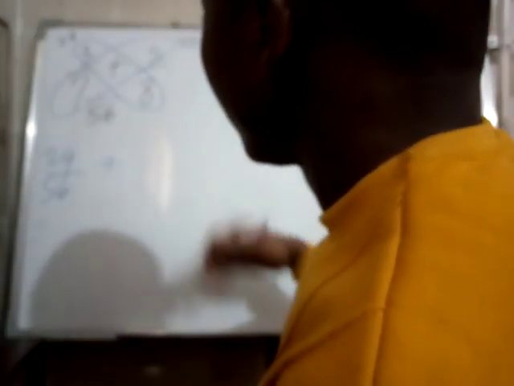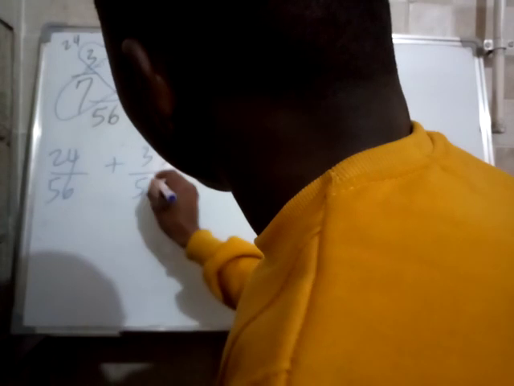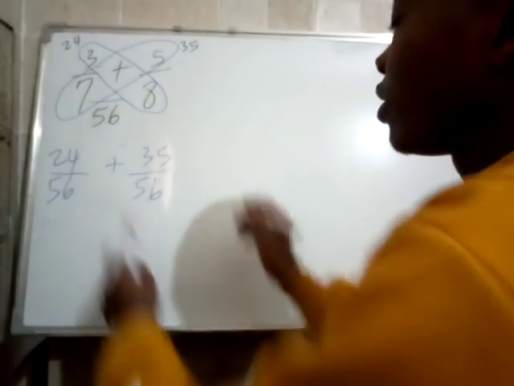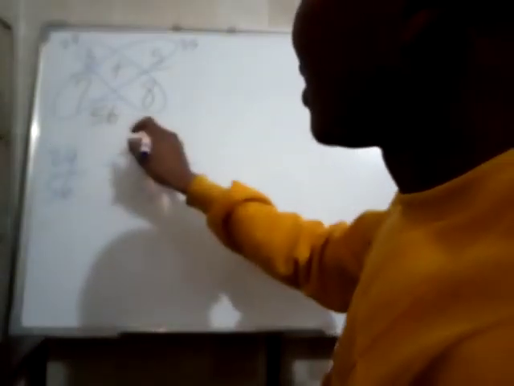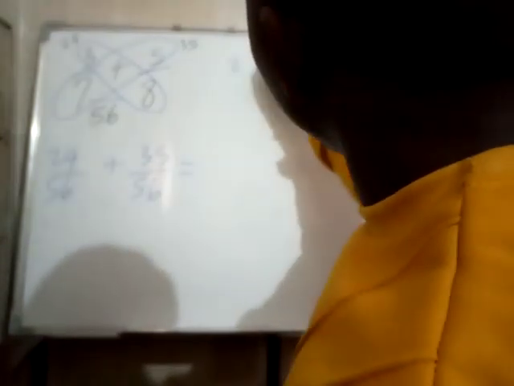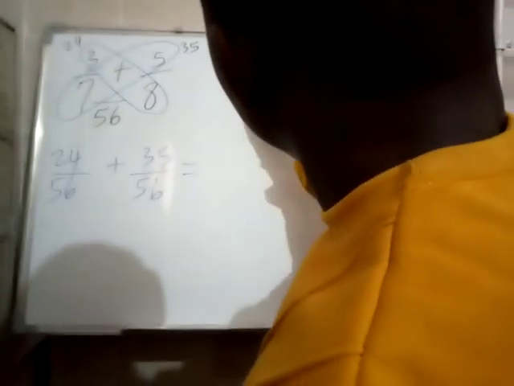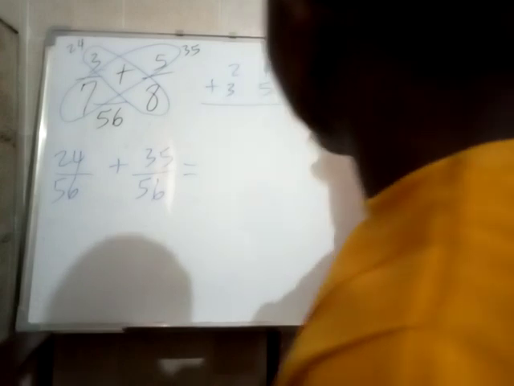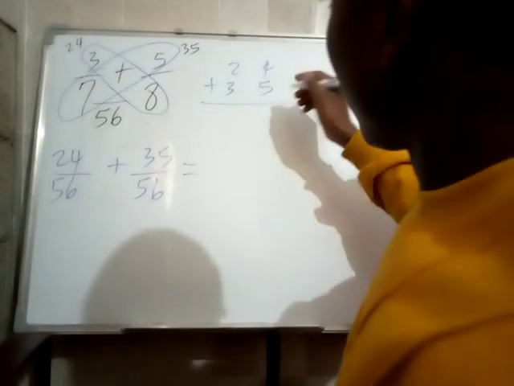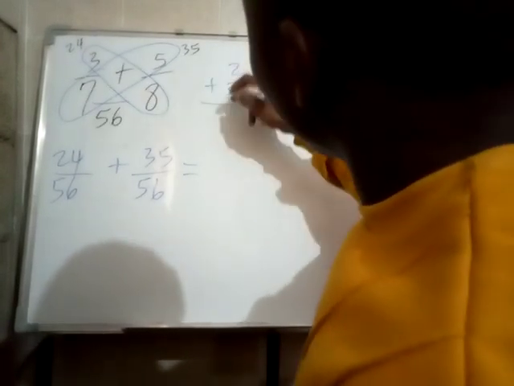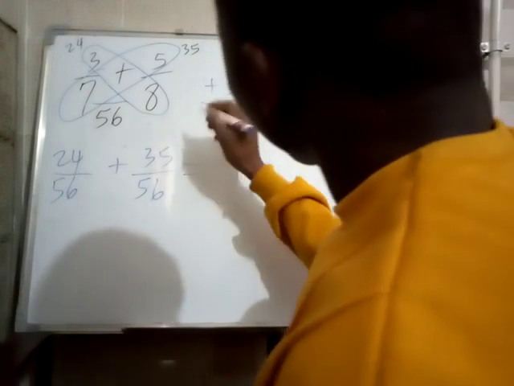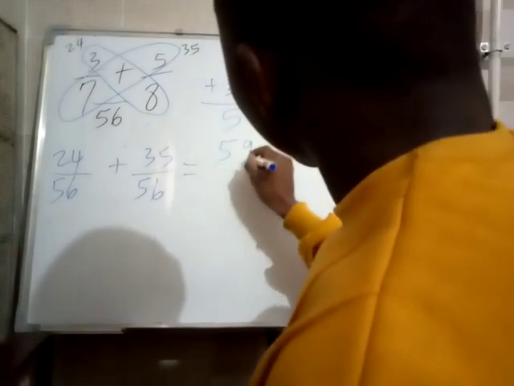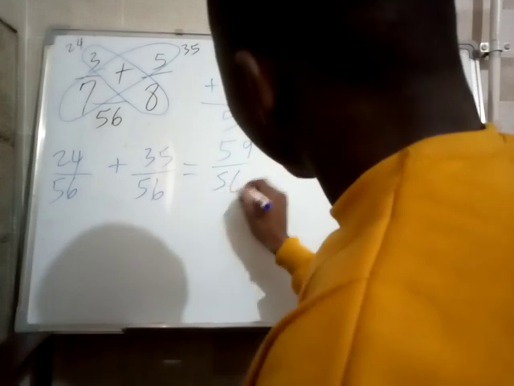It's like we are changing the unlike fractions to like fractions. Plus 35 over 56, the same thing. We have the same bottom number now. Then we add the top numbers, 24 plus 35. We start from the ones place. 4 plus 5 is 9, and then 2 plus 3 is 5. We have 59. So it is 59 over 56.